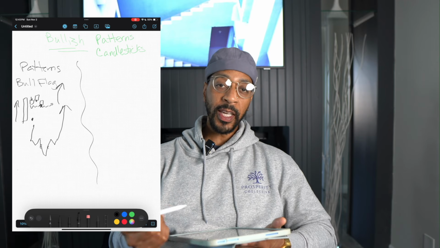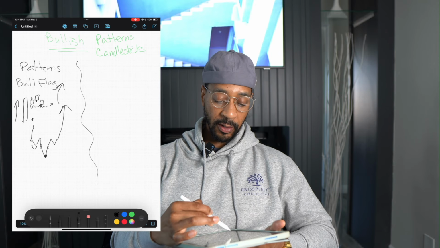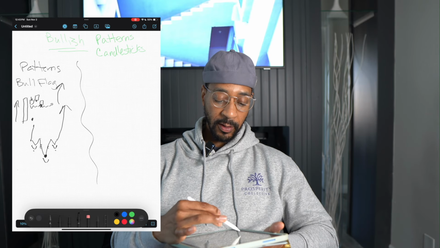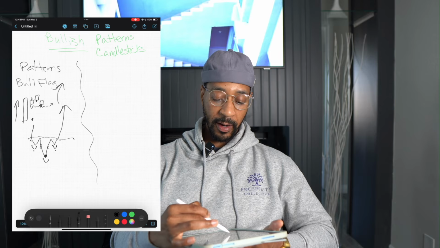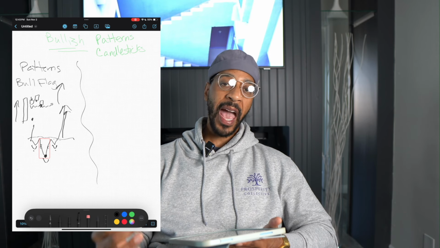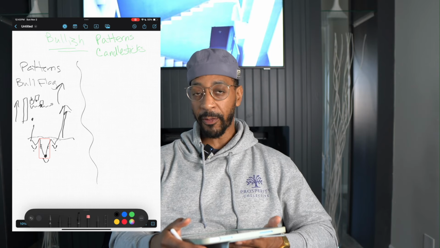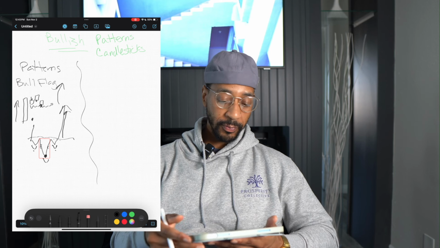So if you see a peak right here, this is the head. These are the shoulders, right? So head, shoulders right here. This is like the neckline. If it gets past right here, then it's going to go higher, okay? That is a bullish pattern. Daily time frame, 30-minute time frame, doesn't matter the time frame, this is a pattern.